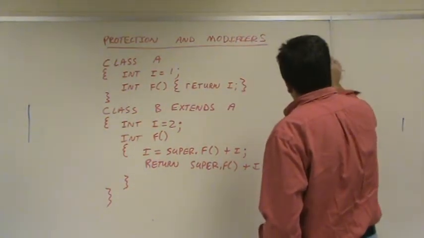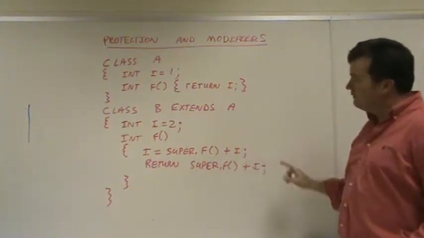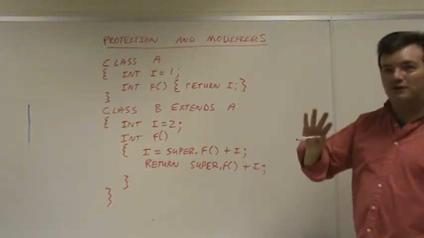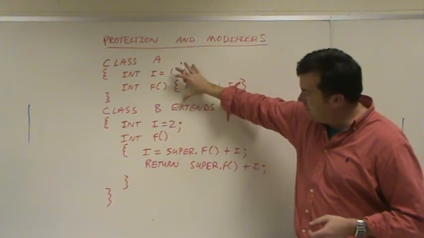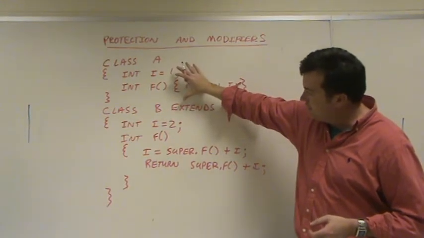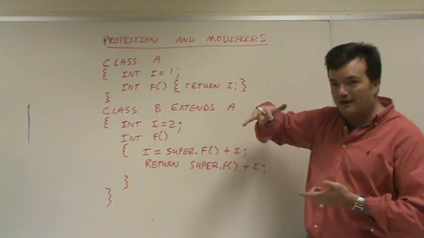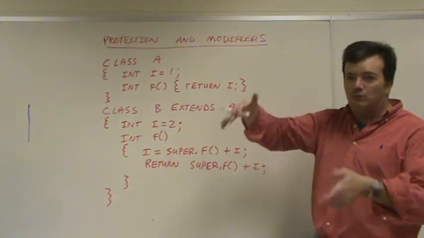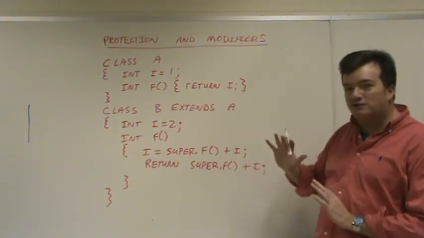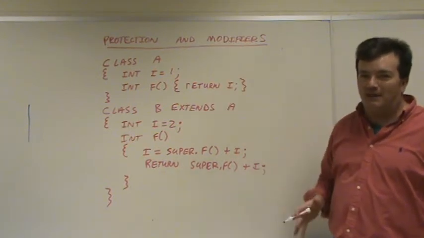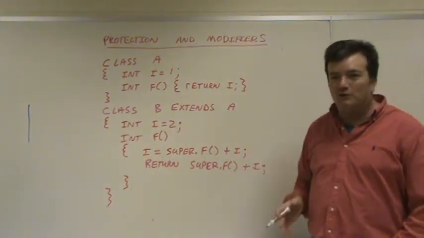But if you extend it, then you inherit everything. Just remember, when you inherit, you get everything that the class you're inheriting from has, and then you can choose to add more stuff. Now what we're doing here is this more stuff we're adding happens to have the same name. Do you want to allow this?